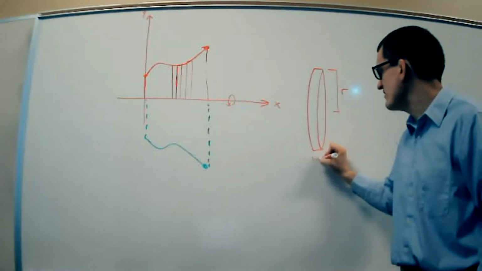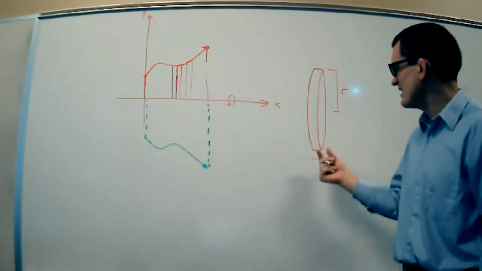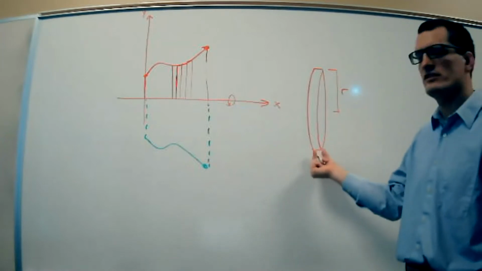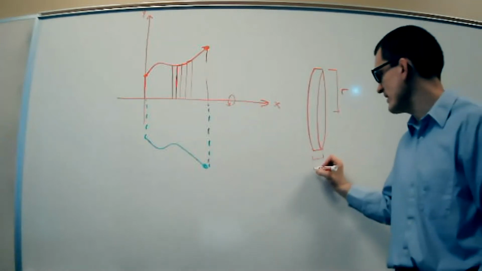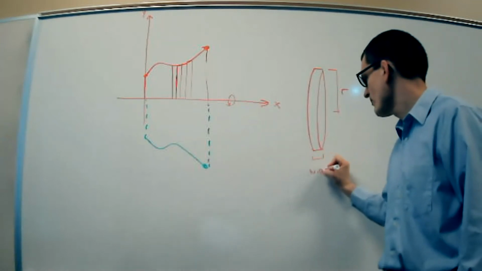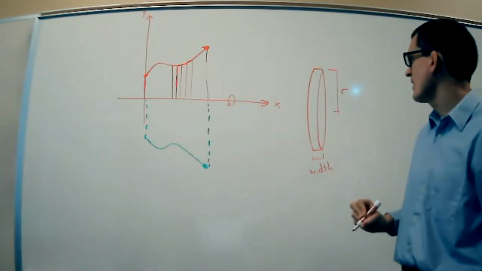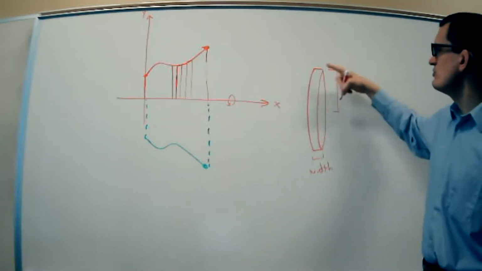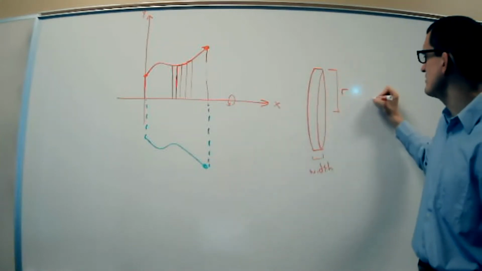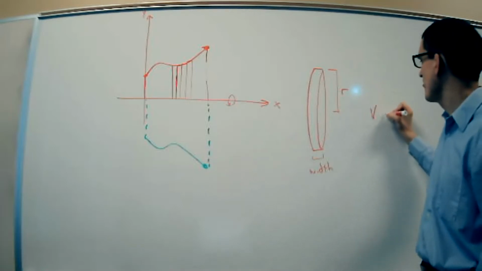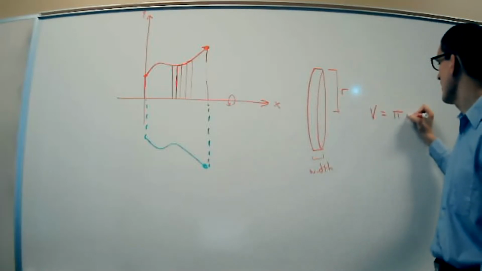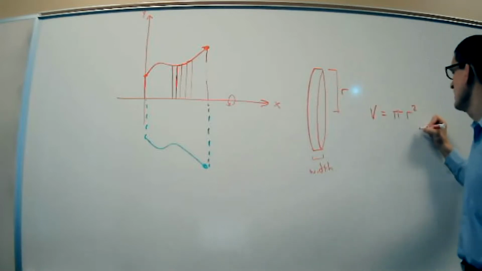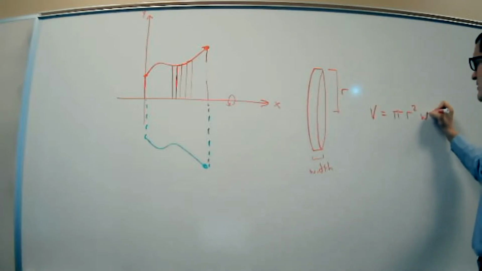And the height of the disk, well, I guess since we're laying it out this way, we'll call this the width of the disk. So width. And the total volume of this disk is going to be pi r squared times the width.